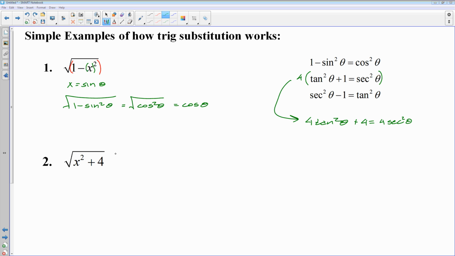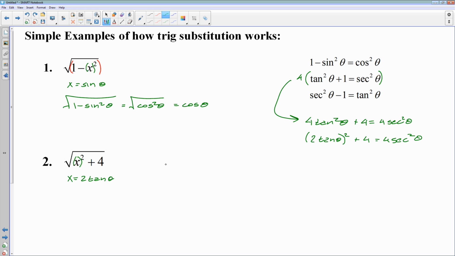I think I was trying to get an x squared plus 4, something squared plus 4, and I have that right here. I do have my plus 4 now. This is quantity 2 tangent theta all squared, plus 4 equals 4 secant squared. So for number 2 right here, my substitution, I'm going to take out the x and plug in 2 tangent theta.